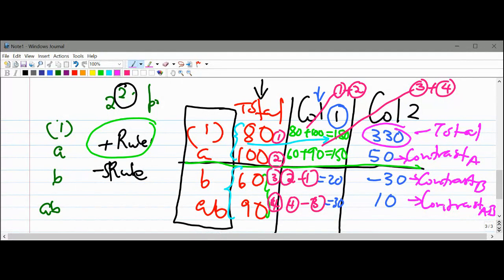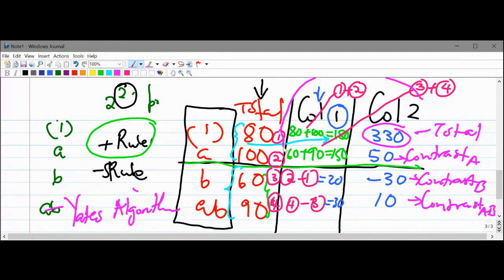So now, if we check, there are two ways of finding the contrast, right? Whatever we're busy applying here is called the Yates algorithm. If I ask you to use the Yates algorithm, I want to see this part.